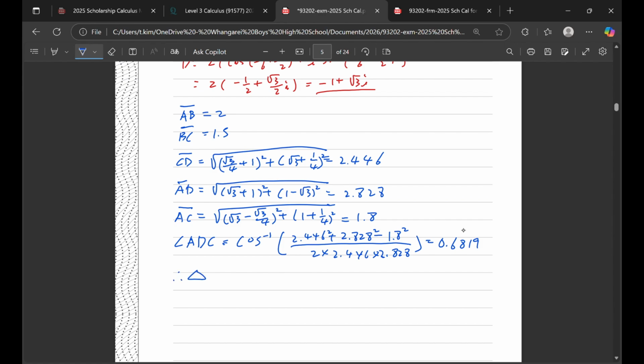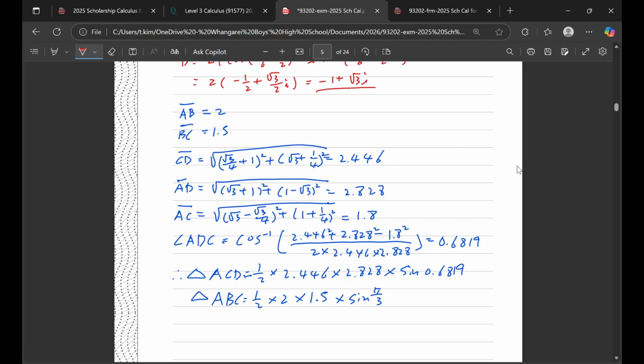So hence, triangle ACD is half times 2.446 times 2.828 times sine 0.6819. I'm going to calculate that later. And triangle ABC equals half times 2 times 1.5 times sine pi over 3.